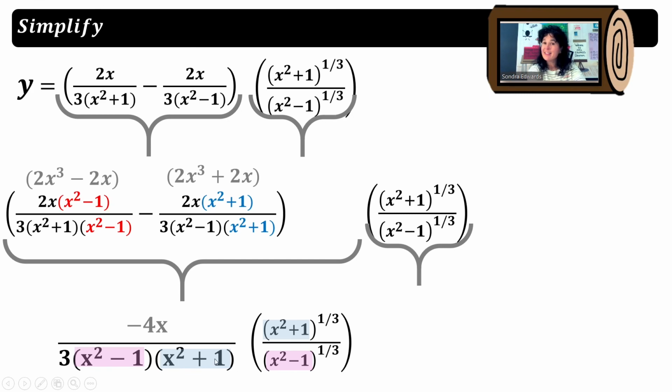Let's just think of something that's a little easier first. What if I had 5 to the 5th power in the numerator, and in the denominator 5 to the 2nd power? Well, you would subtract exponents and have 5 to the 3rd in the numerator.